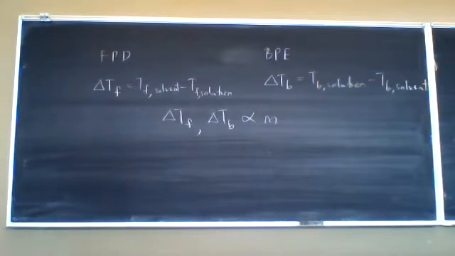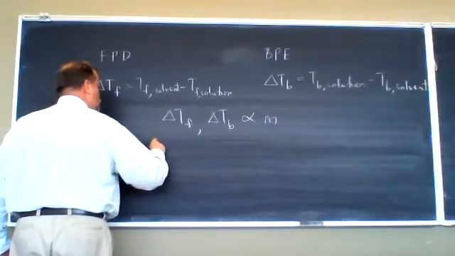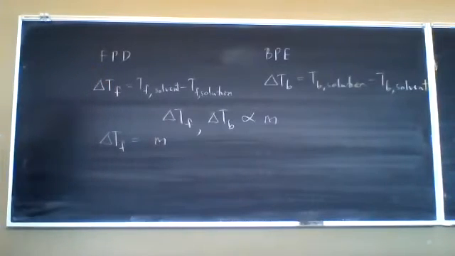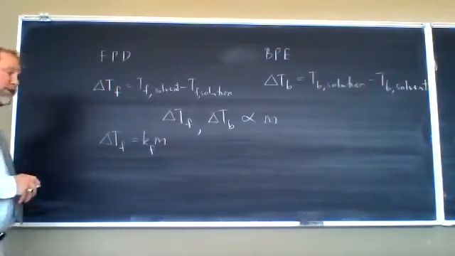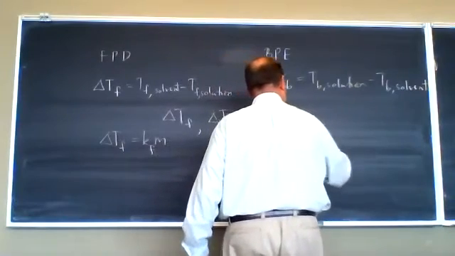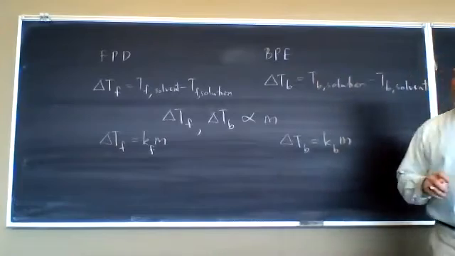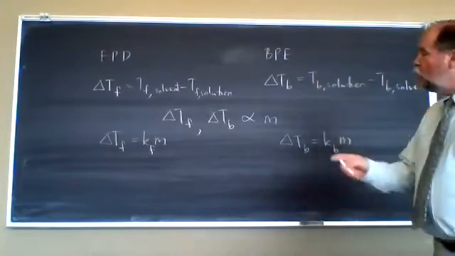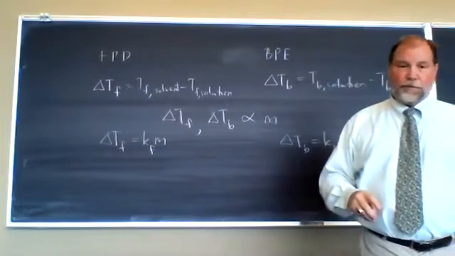The scaling constant that we include here is represented by a lowercase k, and we have k sub F, and we also have k sub B. By introducing the scaling constant, we now turn this proportionality into an equivalence.